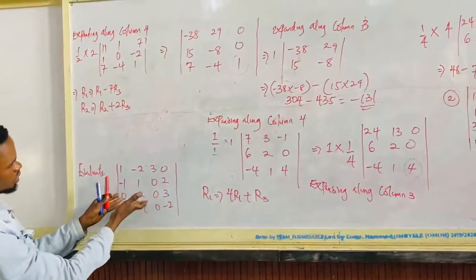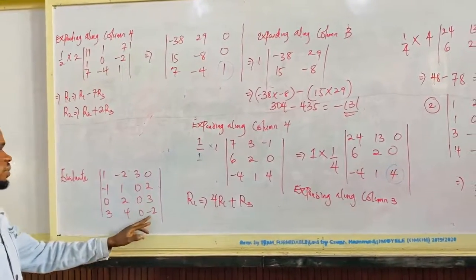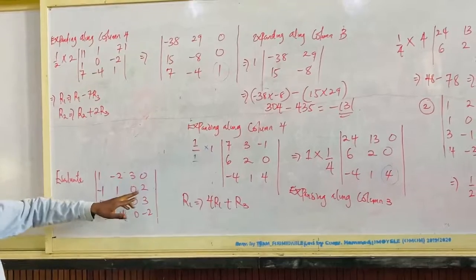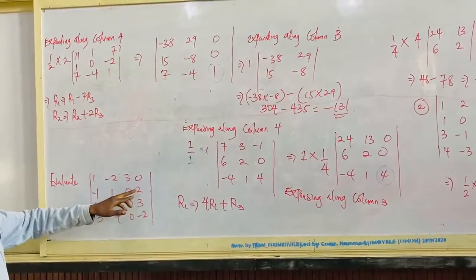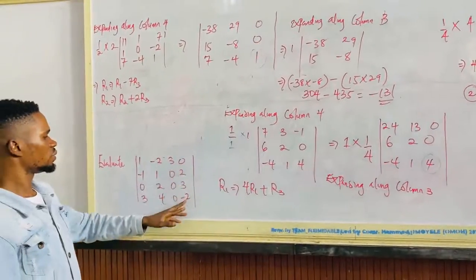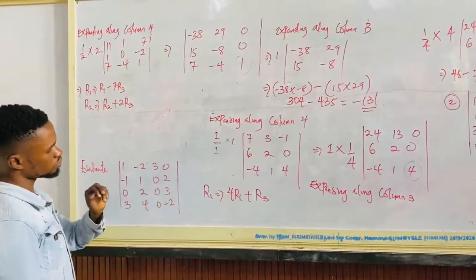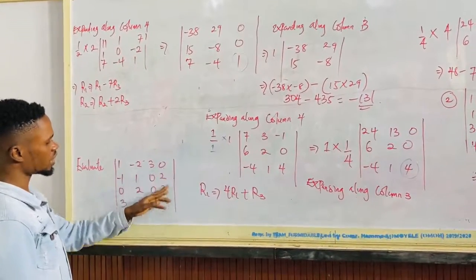So you can do this also. If you want to do this, this is 3, 0, this is 0, 2, this is 0, 3, this is 0 minus 2. So you can change this 2 to 0. If you multiply this 2, this 2 plus minus 2 is 0. Add the 3 with row 4. And this one, you want to reduce, multiply this one by 3, then multiply this one by 2, then subtract, get 0.